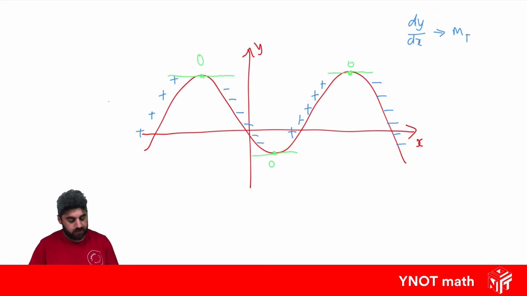Now let's learn some definitions. Whenever a function has a positive gradient of the tangent, we say the function is increasing. Whenever it has a negative gradient of the tangent, we say the function is decreasing. And whenever the gradient of the tangent is 0, we say it's stationary.